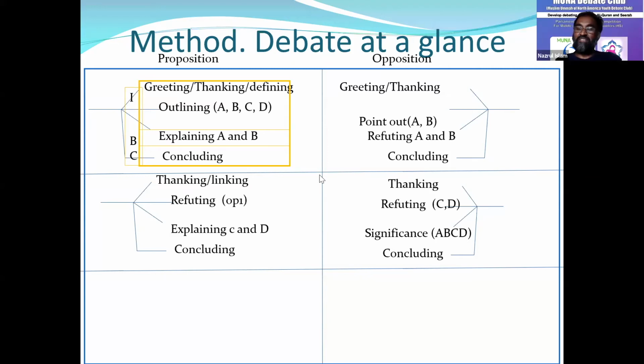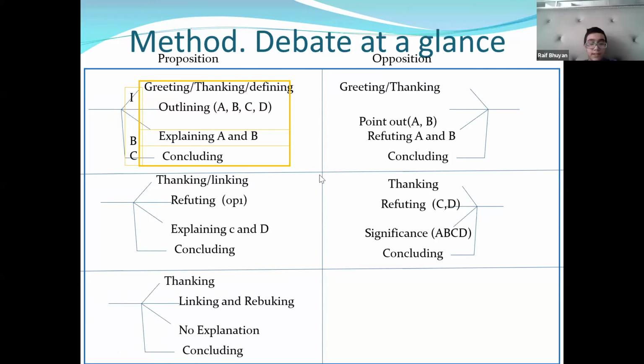Make sense, Raif? Yep, it makes sense. Significance of ABCD, what does it mean? ABCD are the points given by the proposition. So you have to refute and summarize it in a way that judges should judge that those points are not valid.